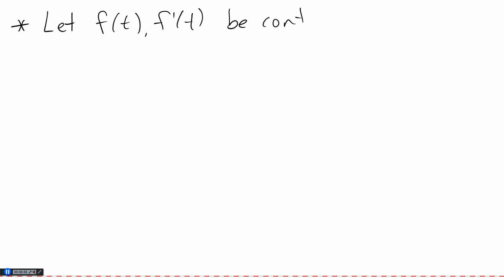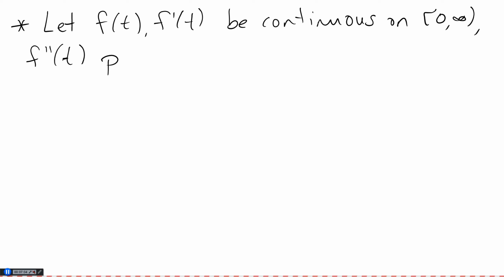All right. This really isn't a theorem, so I'm just going to star it. It's kind of an extension of the next theorem that I'll do. But let f of t and f prime of t be continuous on 0 to infinity, and f double prime of t piecewise continuous on 0 to infinity.